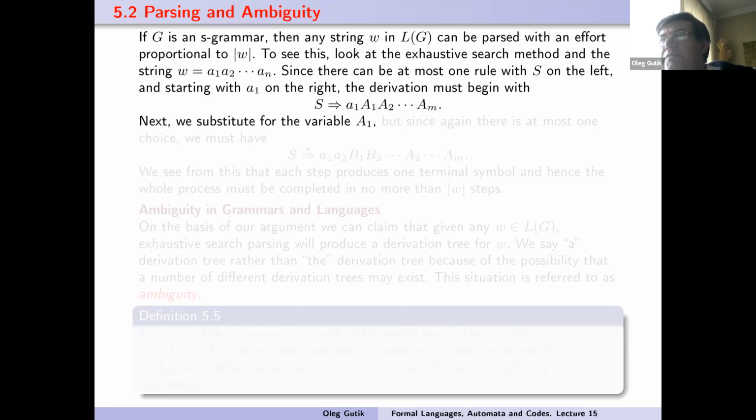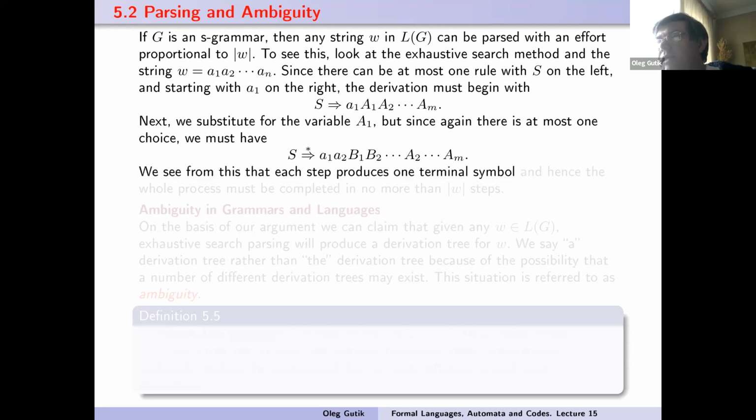Next, substitute for the variable A1, but since again there is at most one choice, we must have S derives star a1 a2 B1 B2 ... A2 ... Am.